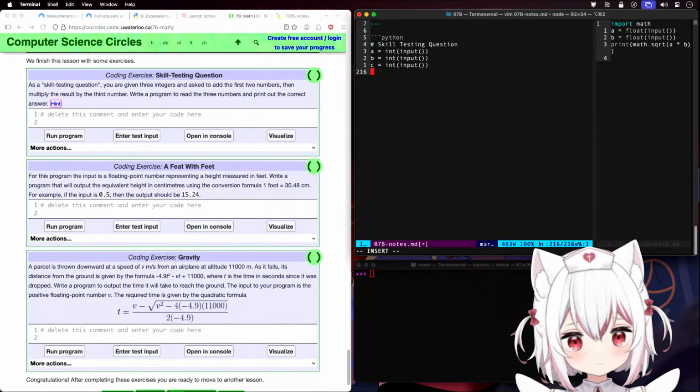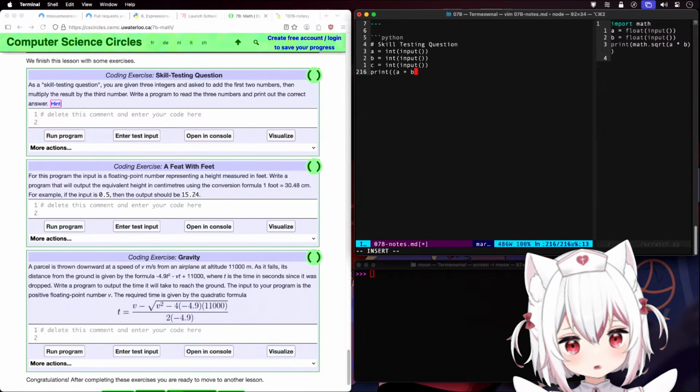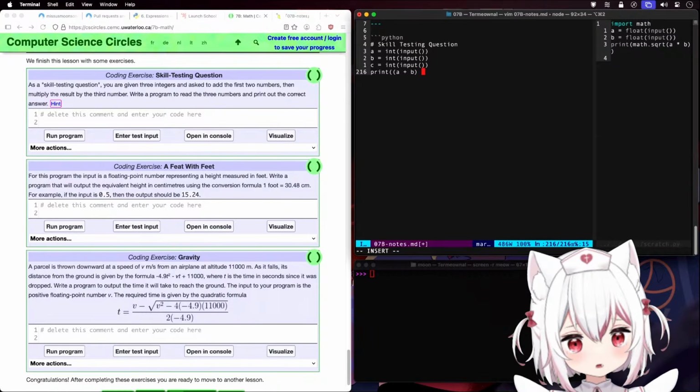And then we want to print the output of adding the first two numbers, a plus b, and then multiply by c.